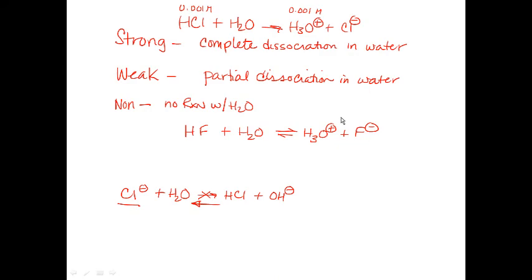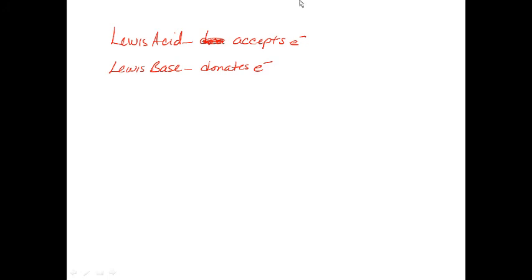So in organic chemistry, we don't use the terms Lewis acid base. Traditionally, for a Lewis acid, which remember is something that accepts a pair of electrons, and a Lewis base, which is something that donates the electrons, we use two different terms for these.